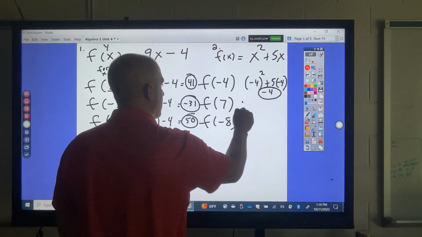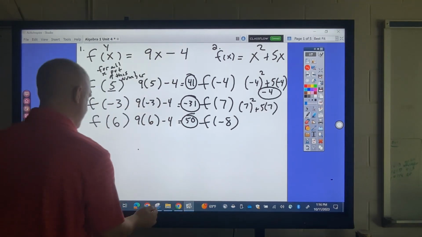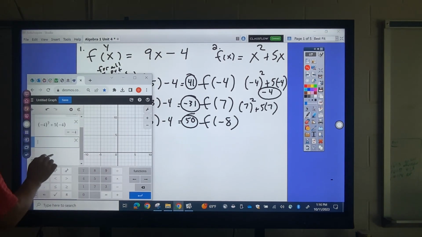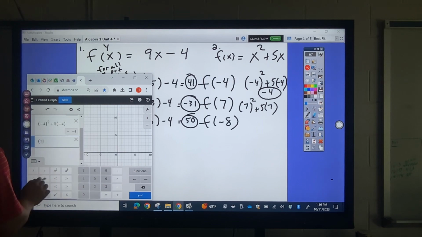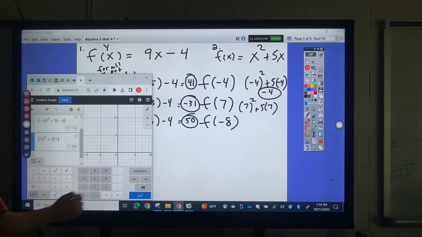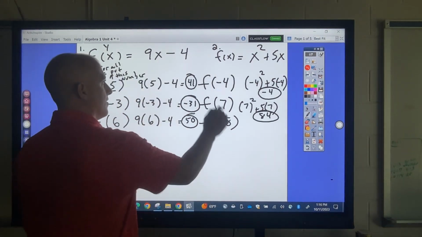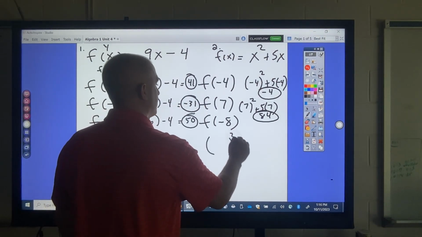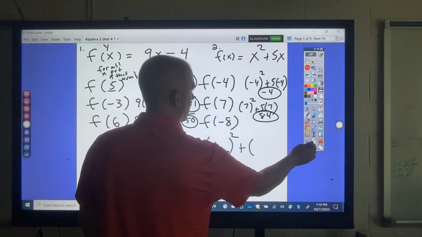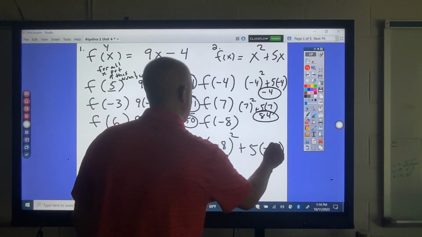So when it's 7, parentheses 7 squared plus 5 times 7. Okay? So parentheses 7 squared plus 5 parentheses 7. That is 84. Okay? For negative 8, parentheses squared, 5 parentheses, I put in negative 8.